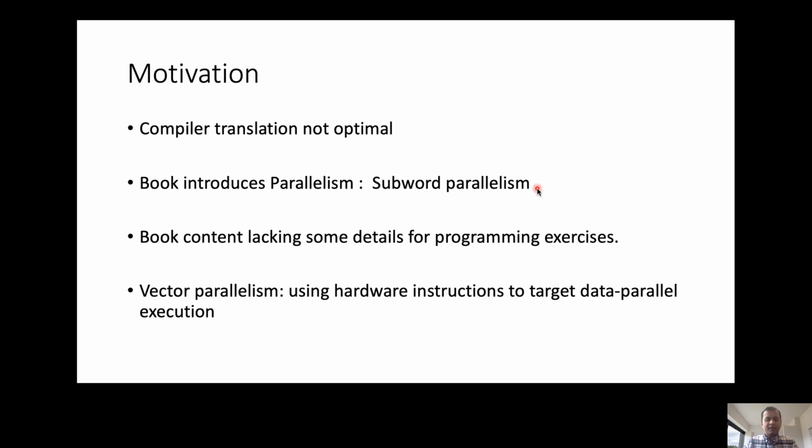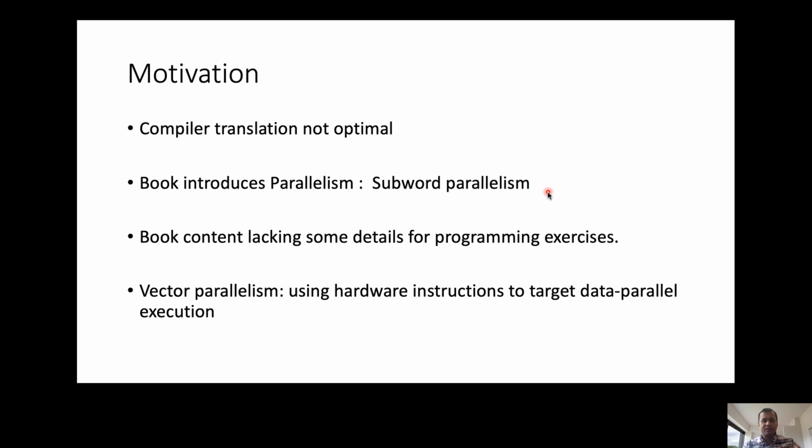Basically, parallelism is the basic idea where you can do multiple instructions at a time in parallel to gain performance. And the book mentions this as subword parallelism. So what I've been calling vectorization or SIMD, it's mentioned as subword parallelism.